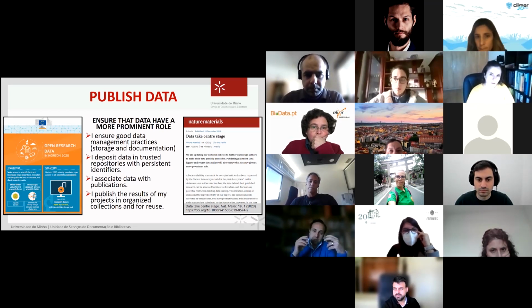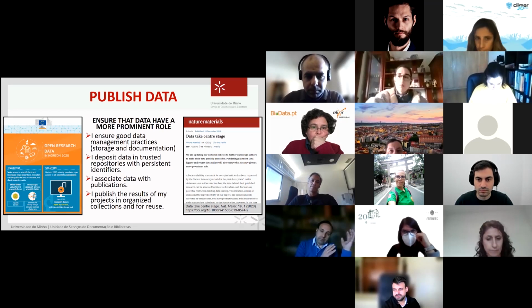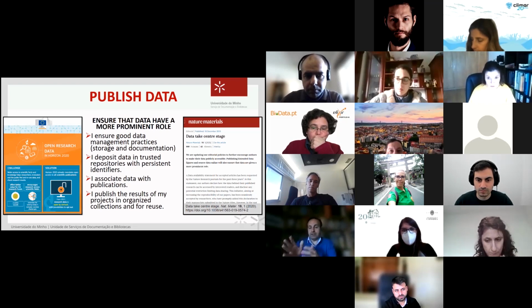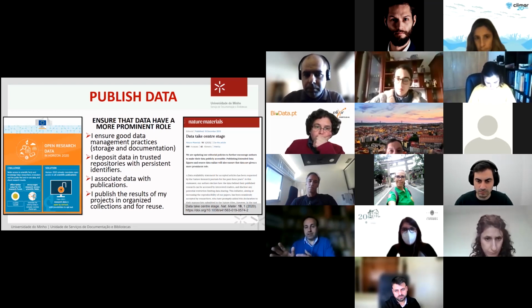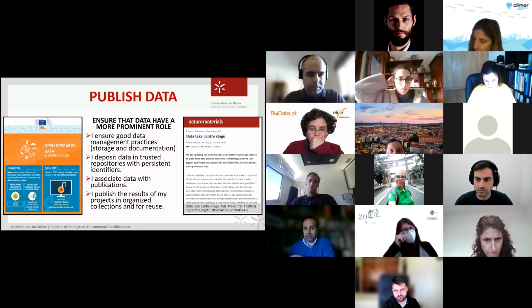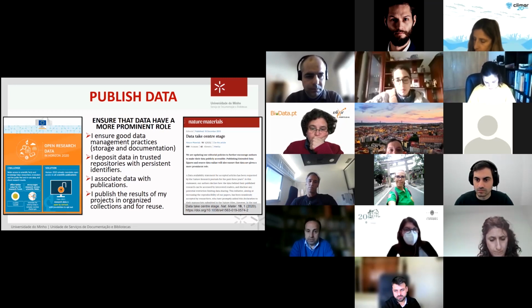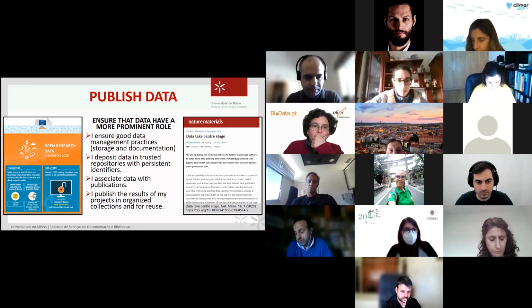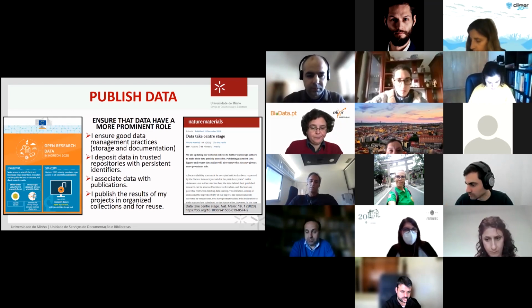These two concepts: find a repository that I can trust, and I will talk about that, and deposit data or publish data with a digital object identifier or other kinds of persistent identifier. This is critical. The other critical thing is also that I can associate my research data sets with publications that I made available, with thesis, PhD thesis, as I mentioned, or with articles.